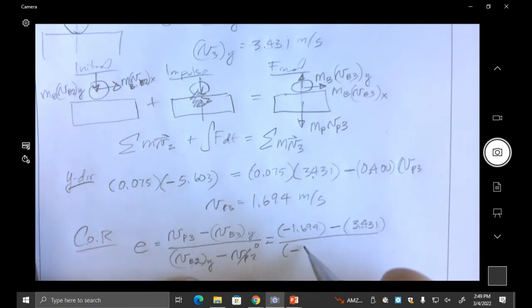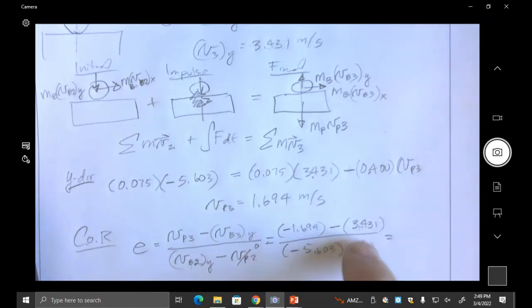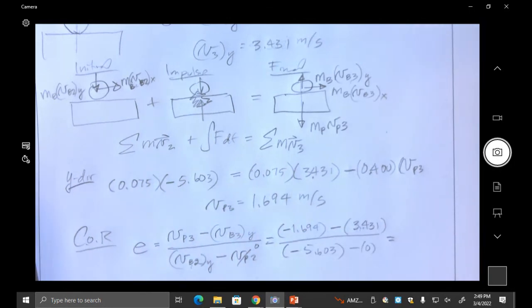And let's see where we're going with this. It was the 5.603. So 3.431, whoops. Add them together. And 5.603.